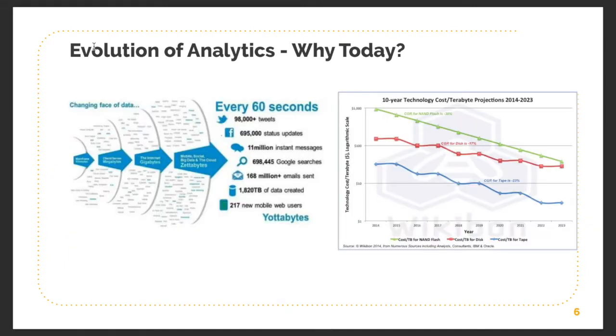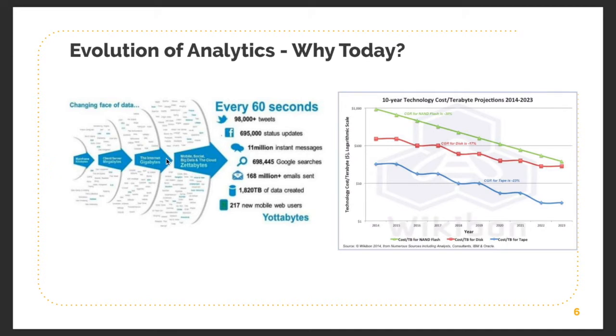Look at the changing face of data here. Before we were talking in thousands of bytes, and then millions of bytes, and then billions of bytes. Now we have zettabytes, which is about 10 raised to 27.